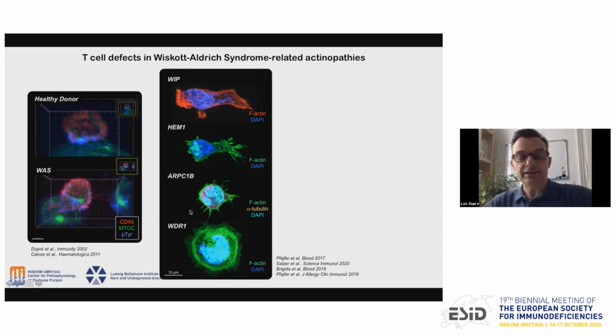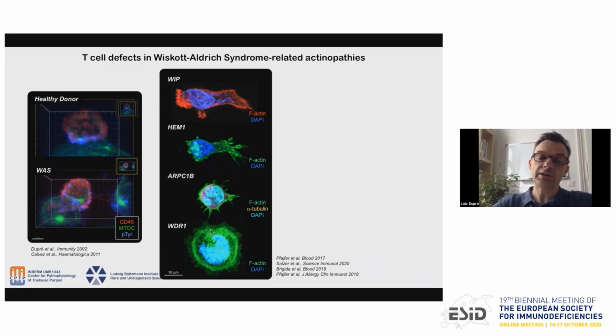And we've been seeing that the synapse defects appear to be more pronounced in those three pathologies as compared to the Wiskott-Aldrich syndrome. We also studied recently patients with deficiency in WDR1, and here, in contrast, we found that the synapse from the T cells of those patients appear to be larger and richer in terms of actin cytoskeleton content.